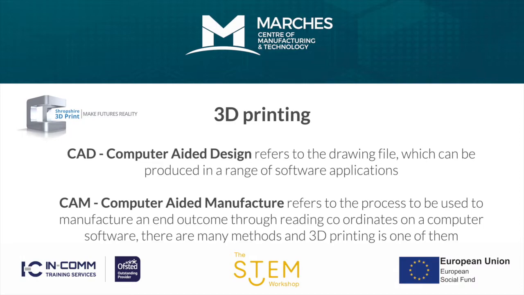CAM refers to any manufacturing process that can be automated by a computer through reading coordinates. So computer-aided manufacture is a way of manufacturing a product using computer software. 3D printing is one example of computer-aided manufacture that's actually helping transform the engineering and manufacturing industries.